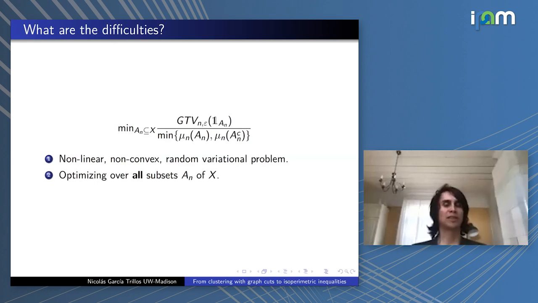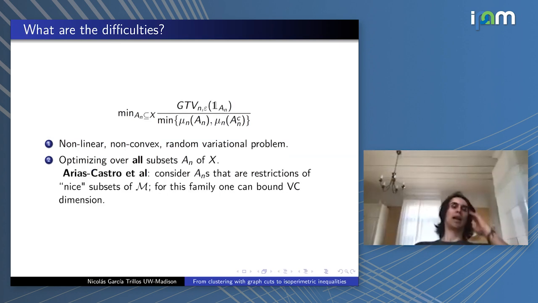Of course, we don't have an explicit solution for the minimizer of this functional, and so this already makes the problem difficult to analyze. The second observation is that here one is looking over all possible subsets of the data set. I'm not restricting a priori to a specific class of subsets of X, but rather considering all possible partitions. These are two things that make this problem difficult from the traditional point of view of, for example, statistical learning theory.